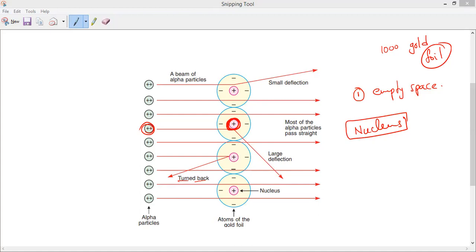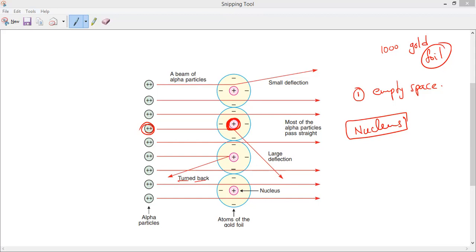Most of the alpha particles are passing straight. That is the observation he made, and from that he could say that most of the atom is empty space. That is why most alpha particles move in a straight line.